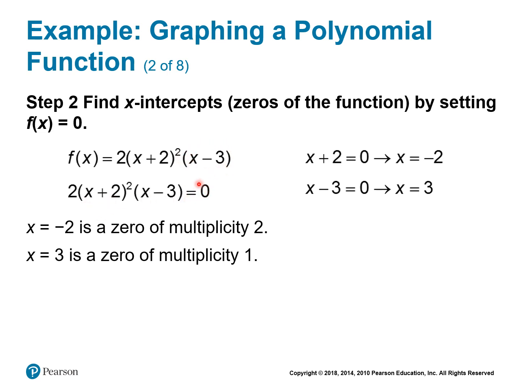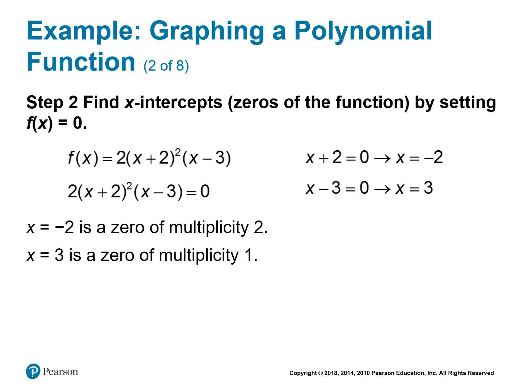We make one side equal to 0 for f of x, and then apply the zero factor property. Here they haven't shown the steps of applying the zero factor property, so I'll work it here so it's easier for you to follow.